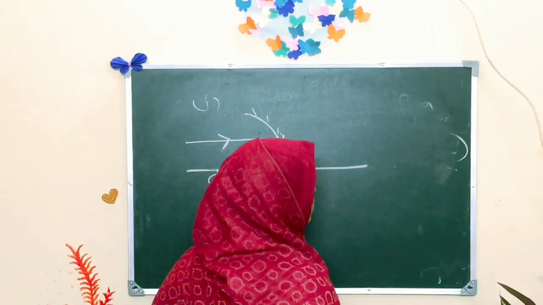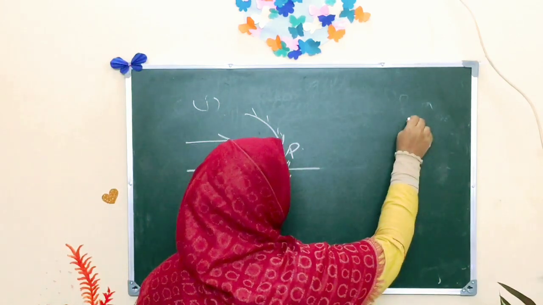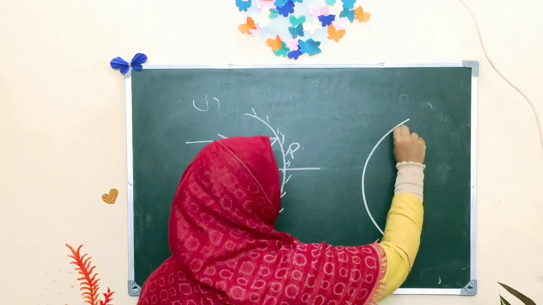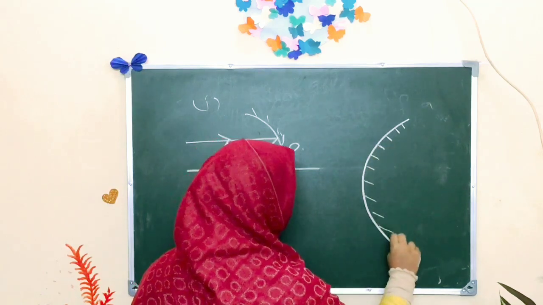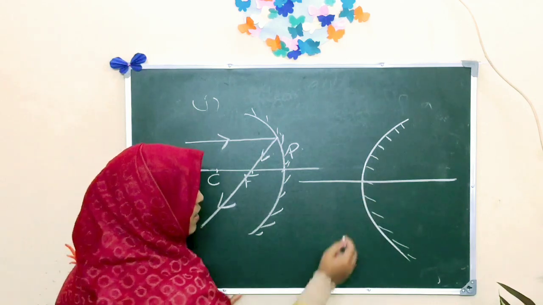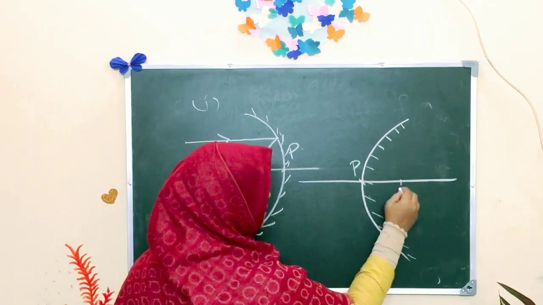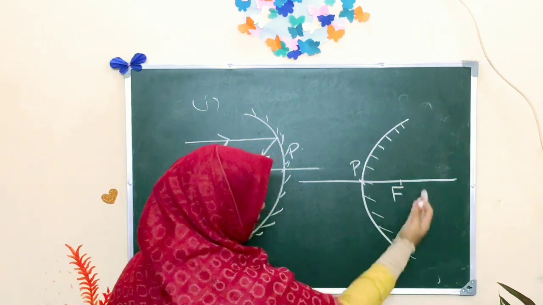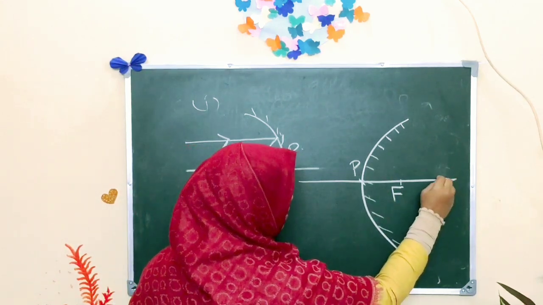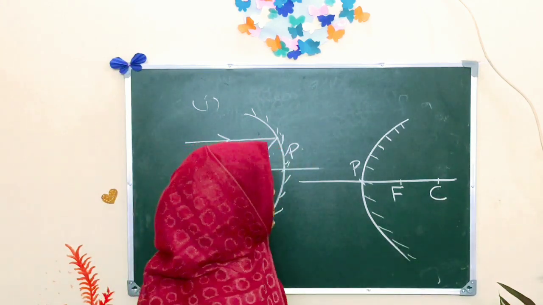This first rule again in the case of a convex mirror: principal axis, this point is the pole, and behind the mirror is the focus. C is the center of curvature.